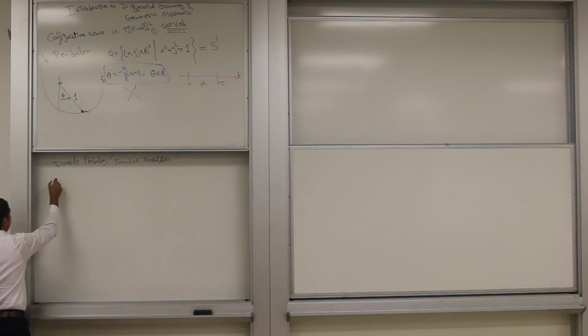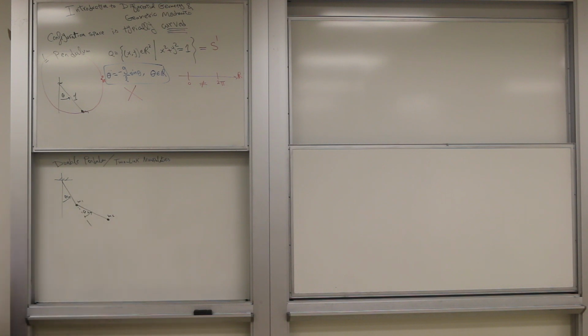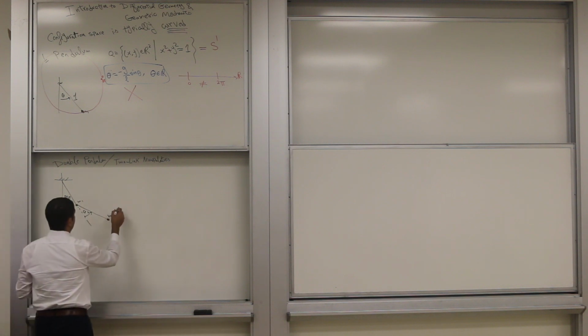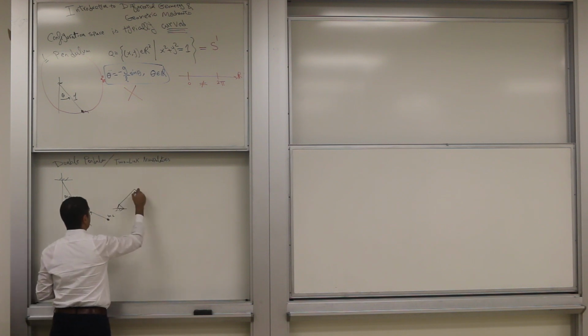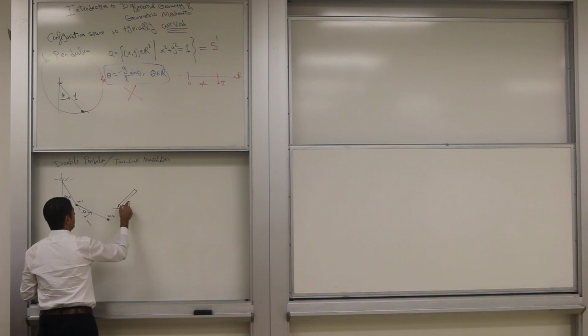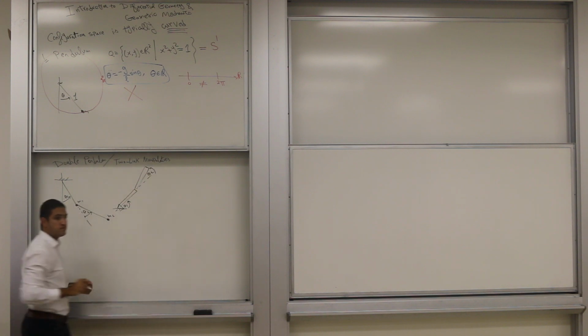So the double pendulum: you have the first angle theta 1, this is M1, and then you have the second angle theta 2, M2. Or if it's a manipulator, here is the base, here is the first arm, theta 1, and here is the second arm, theta 2.